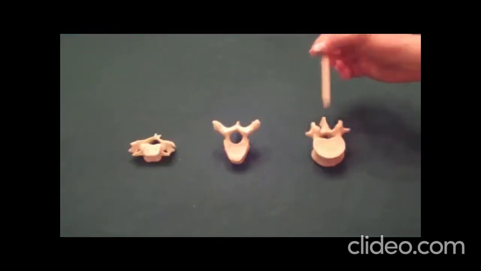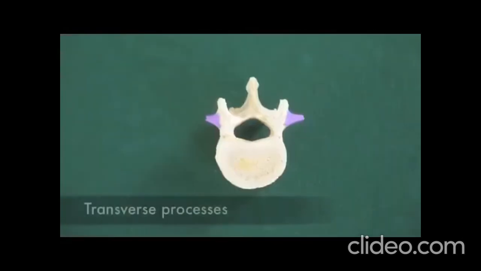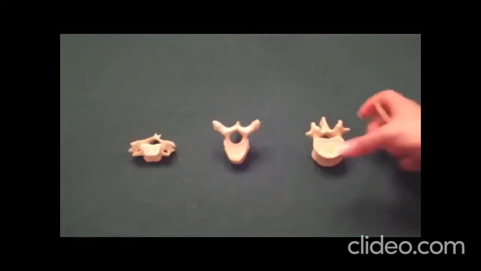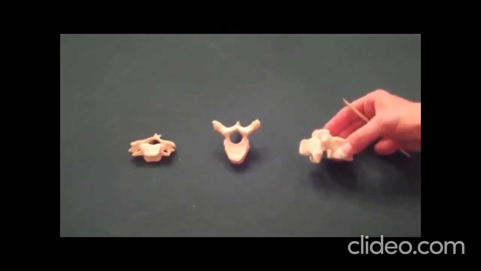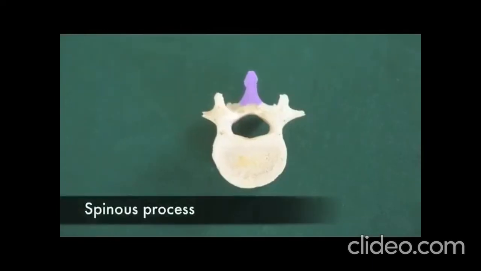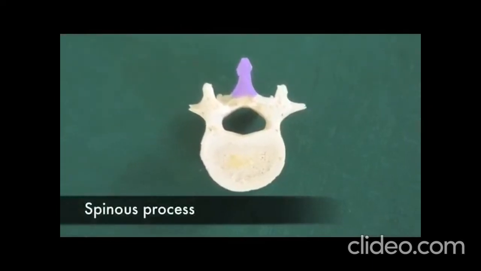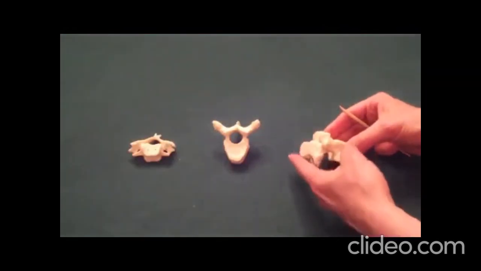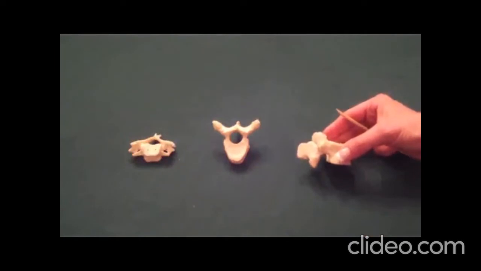The transverse processes. And the spinous process. The spinous process is squared off and is kind of shaped like the head of an axe.